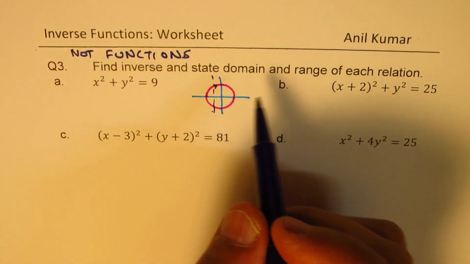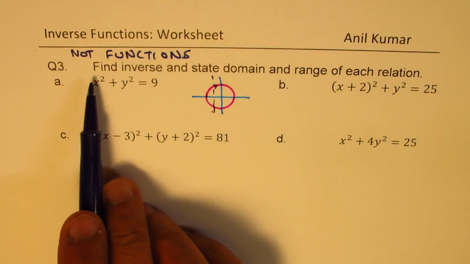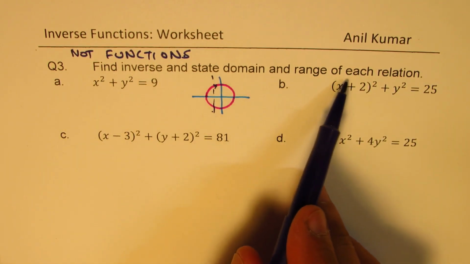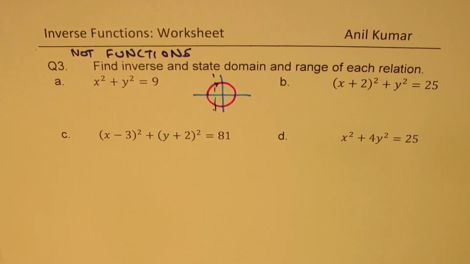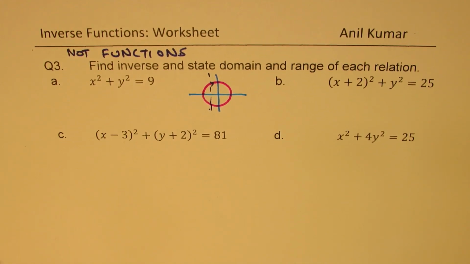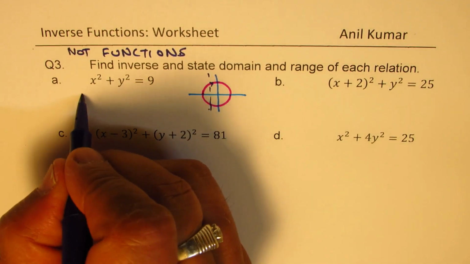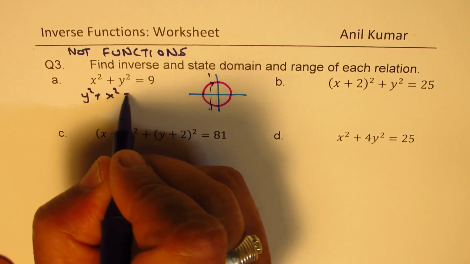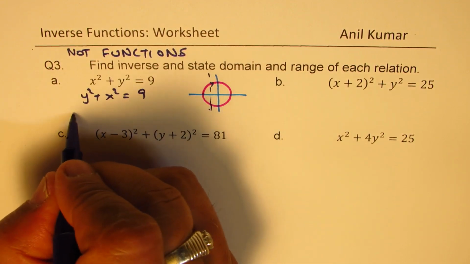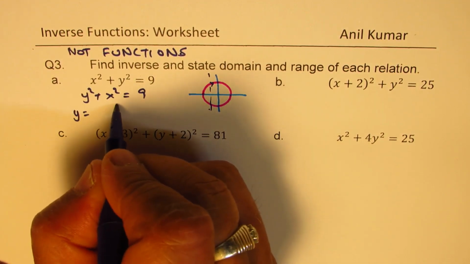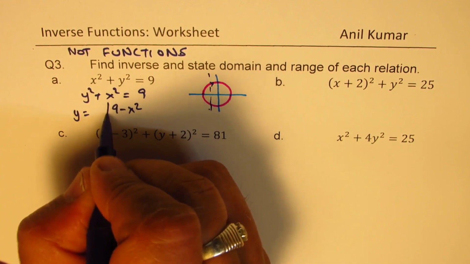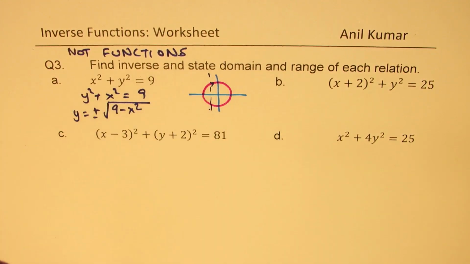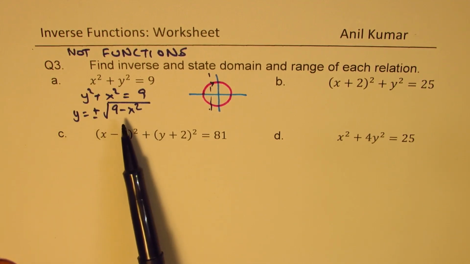And then, the question is find inverse and state domain range of each relation, right? So, you have to swap, so you get y squared plus x squared equals 9, and you get y equals plus and minus square root of (9 minus x squared), correct? So that becomes the inverse for you. Clear? This is your inverse.